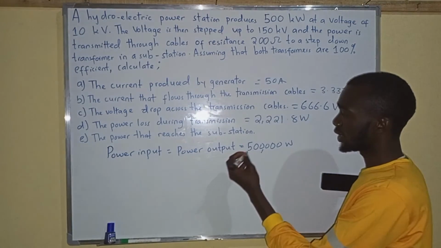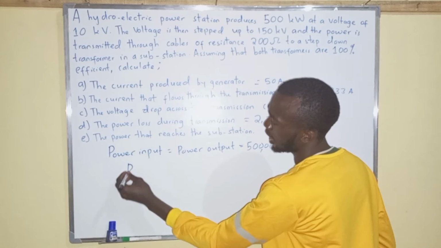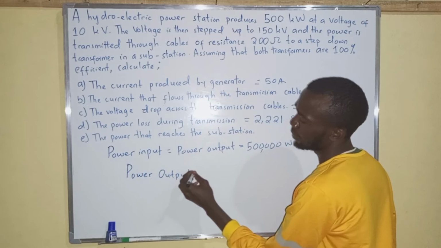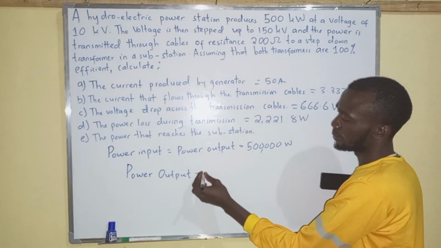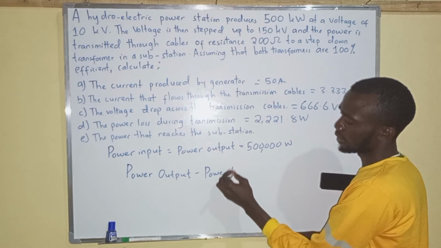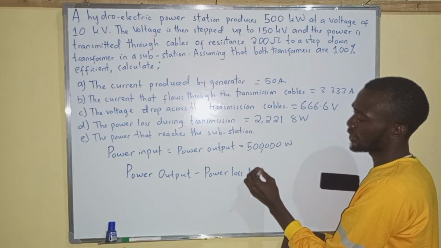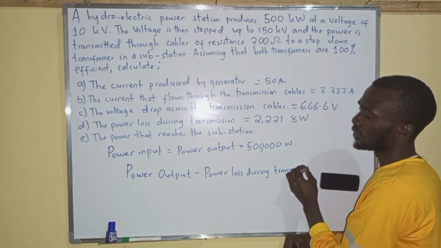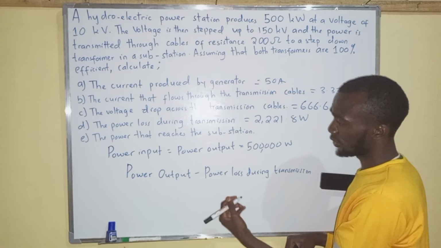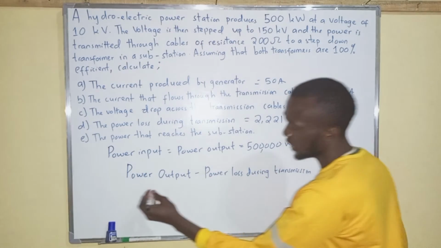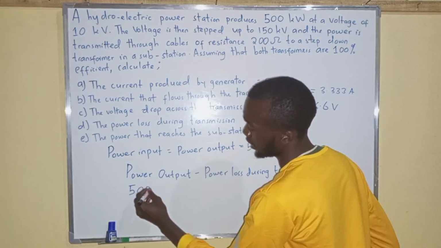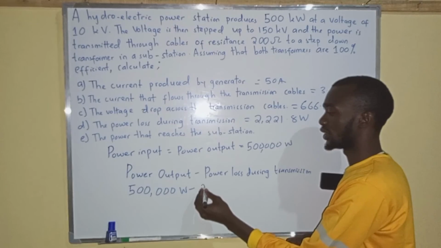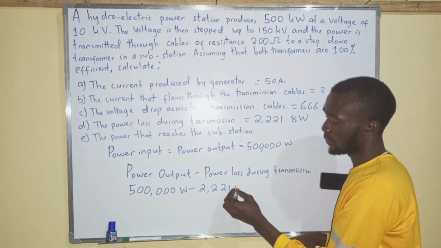So the power that reached the substation is the power output from the transformer minus the power loss during transmission: 500,000 watts minus 2221 watts.